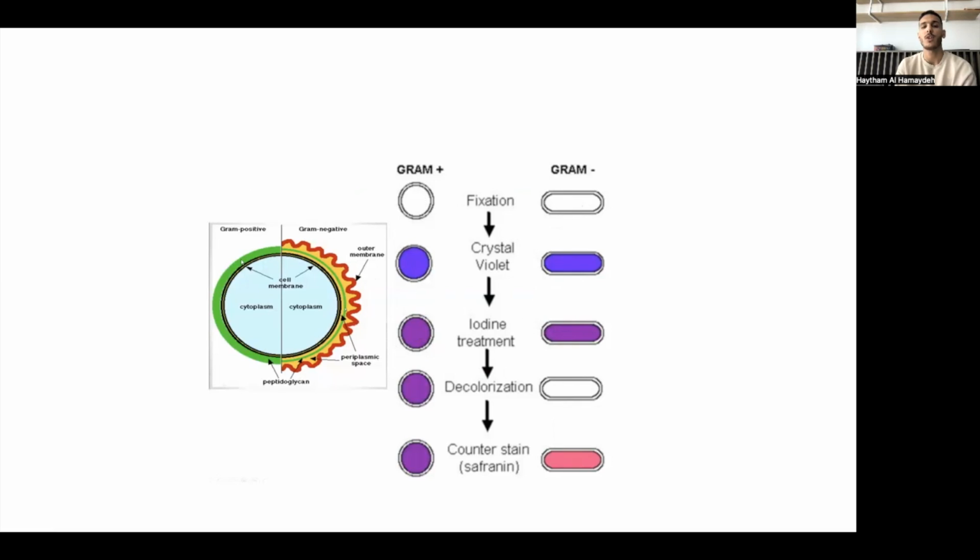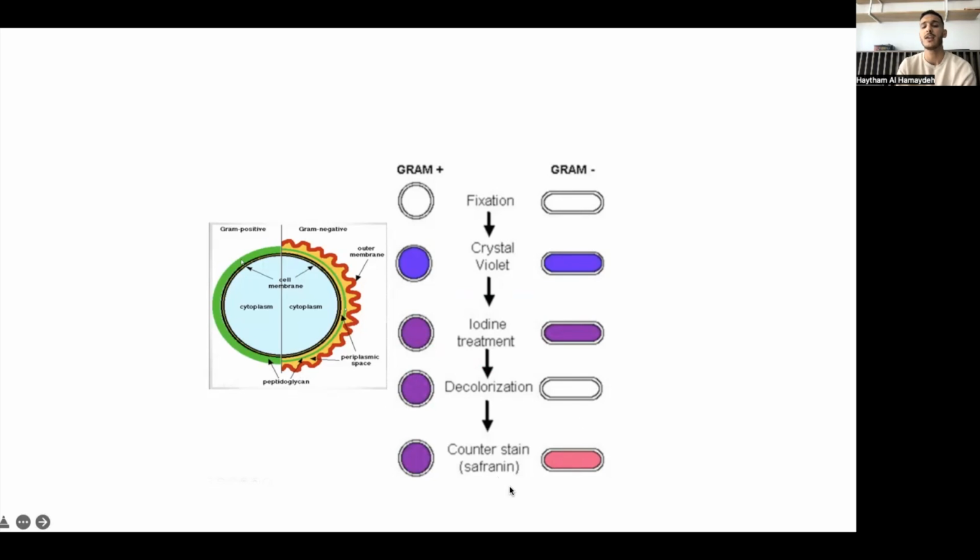I think, oh yeah, iodine would wash off that crystal violet as much as it can. So if the layer is very thick, the iodine cannot take off the crystal violet in the gram-positive, so it will stick into the thick peptidoglycan layer. Unlike the gram-negative, it's very thin, so it will wash out.